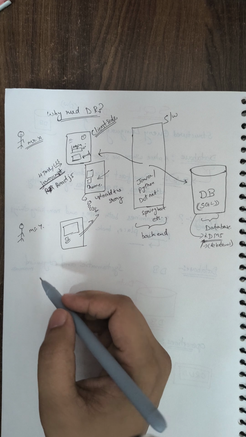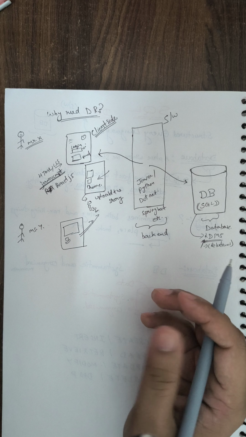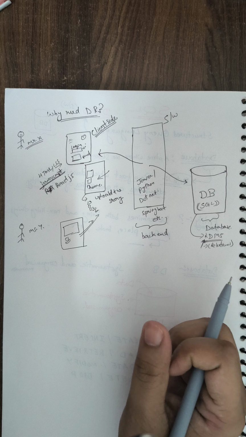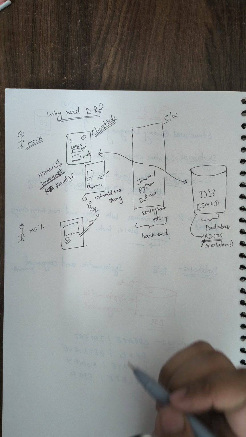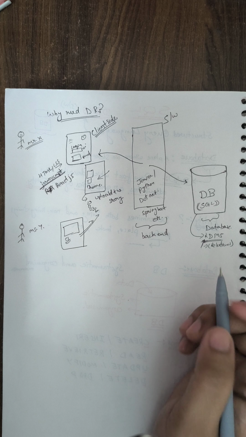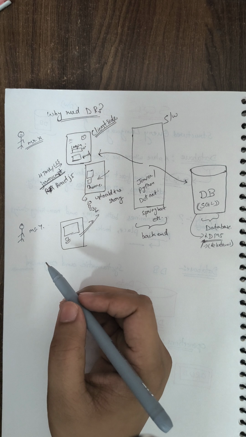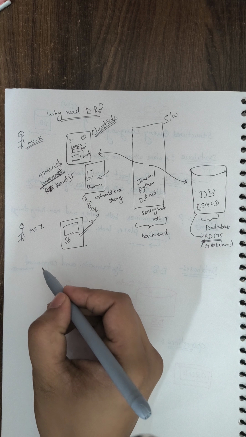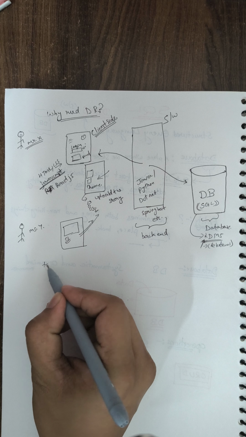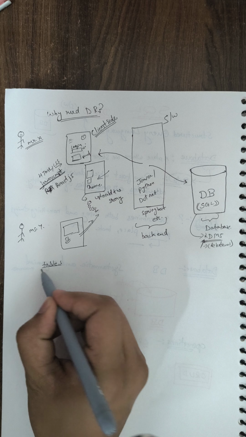So a DB, as we know, is a place to store data. But how? In an organized and systematic manner. That is the answer. So we store data into tables, in multiple tables.